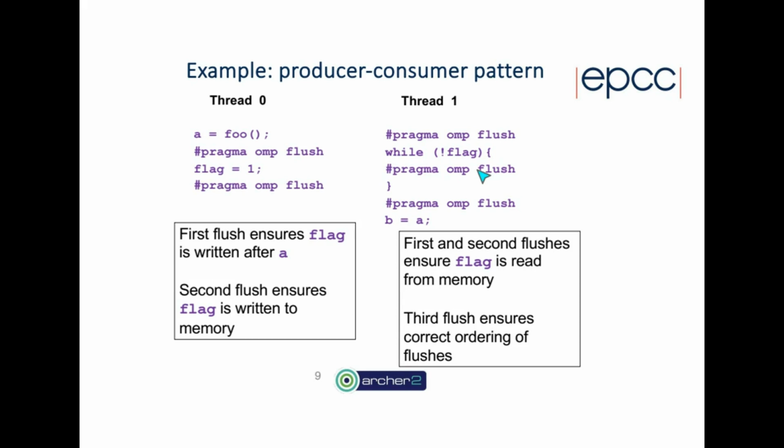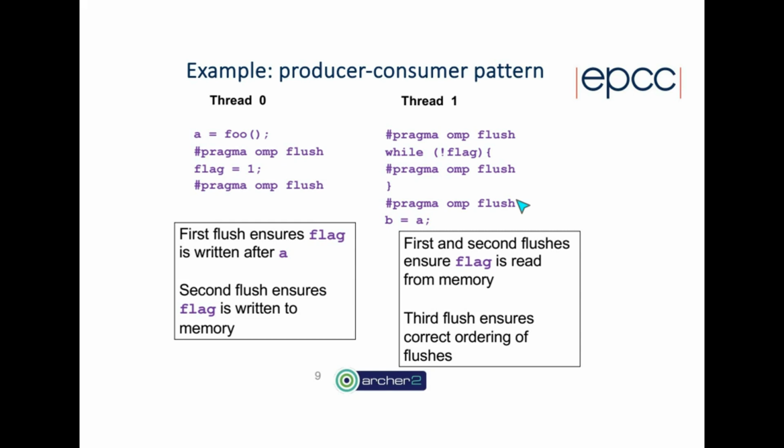And then the really tricky one is this one. This is what's actually ensuring the correct ordering of flushes. It makes sure that there's always a flush on thread 1 after the corresponding flush on thread 0.